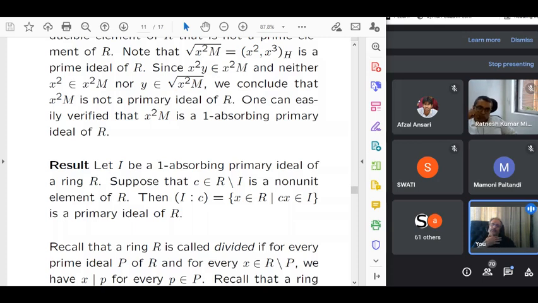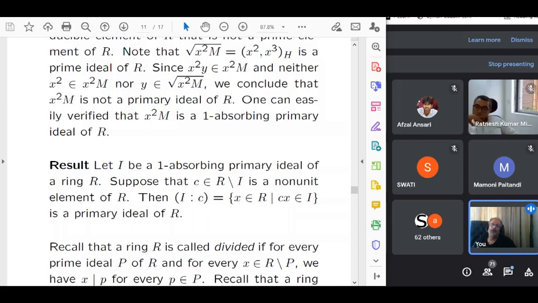How? By this result. Because definitely the ideal I lives inside I colon c by definition. If you choose any x in I, then definitely cx will be in I. So I lives inside this ideal.